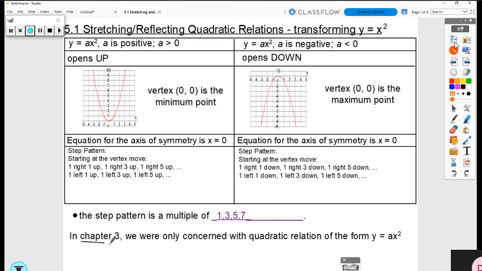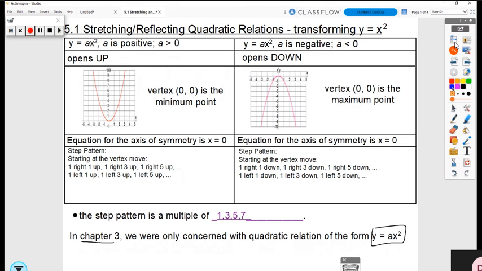We were only concerned with quadratics in this form, and we graphed them and looked at them, and that was when we pointed to the vertex, the step pattern, the y-intercept, the maximum value or the minimum value, whether it was opening upward or downward, right? All that awesome information.